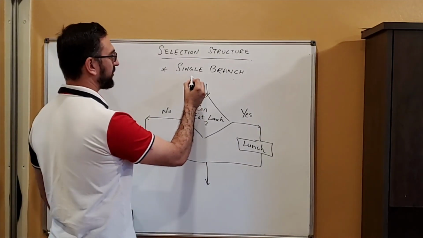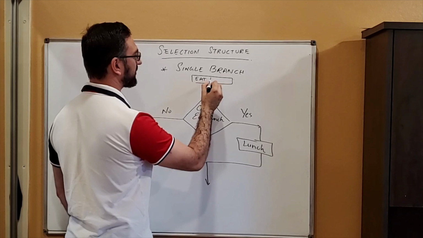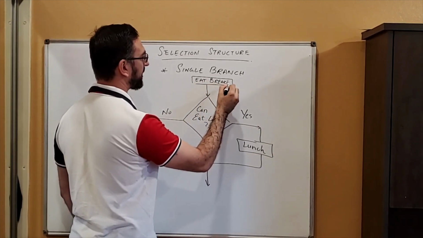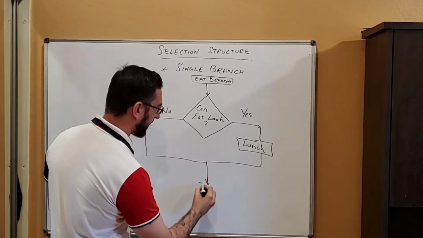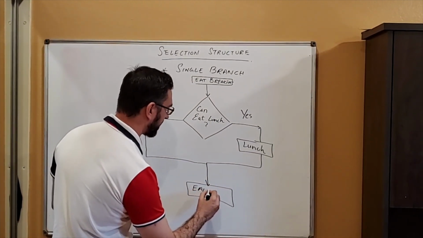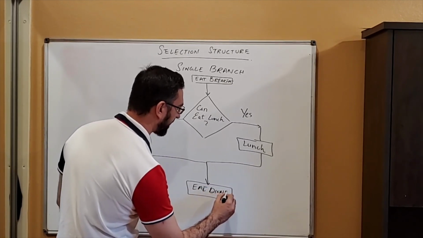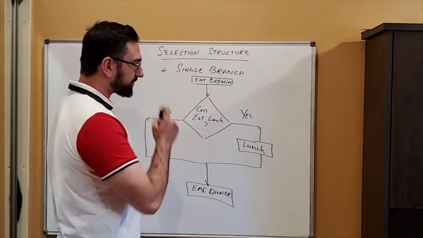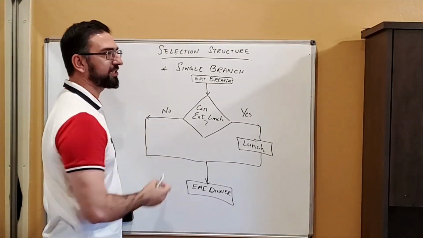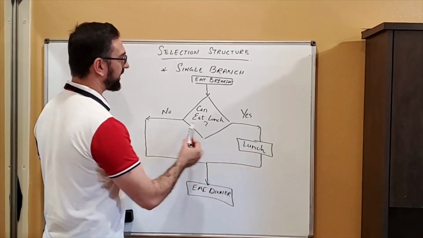For example, over here, I can say eat breakfast. And over here, maybe we can say eat dinner. So I eat my breakfast, I come here, and I decide whether I should eat lunch or not. And based on my decision, I can either eat lunch or I skip that.